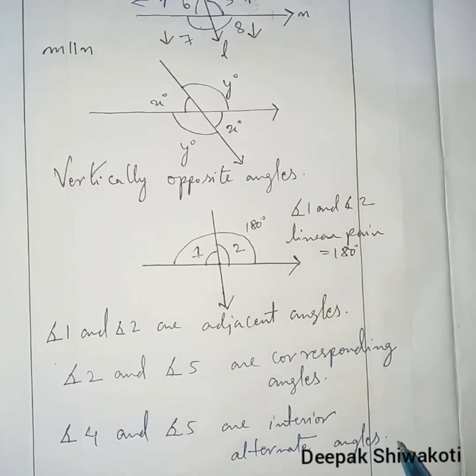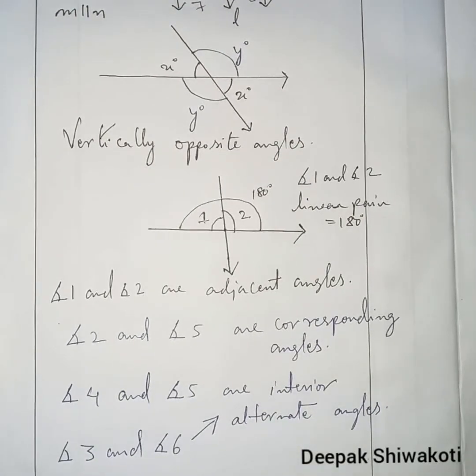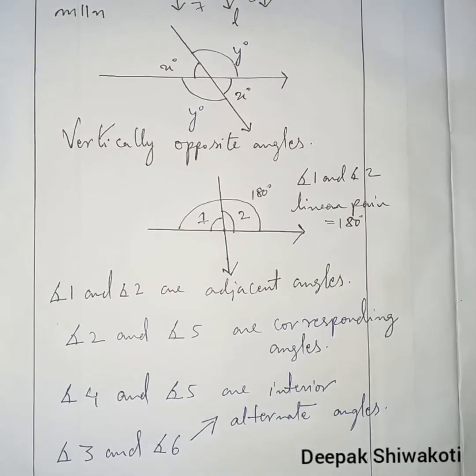Similarly, I have explained there are more, that is angle 3 and 6 also, interior alternate angles. Angle 3 and angle 6. Now this one we have understood, interior alternate angles.